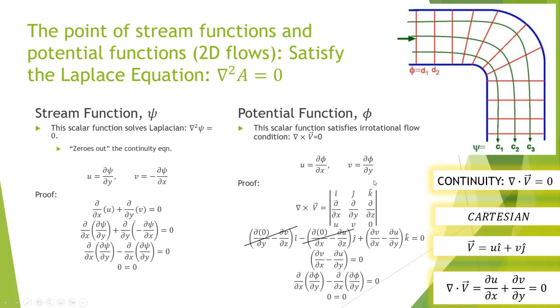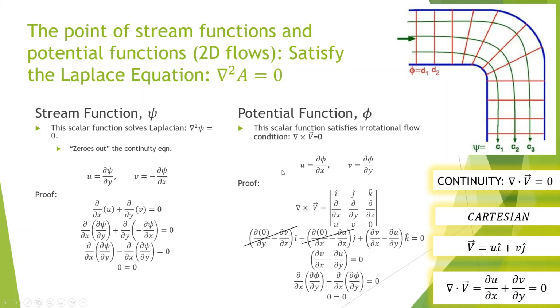If you try doing the math for a 2D flow, so in other words, u and v do not have components in the z direction, you will find that in order to make the curl 0, you have to define u as del phi del x and v as del phi del y, and it will make the curl for irrotational flow go to 0. So that's basically where these came from.